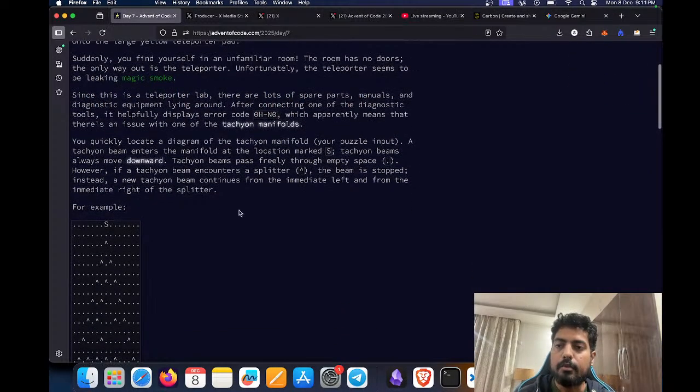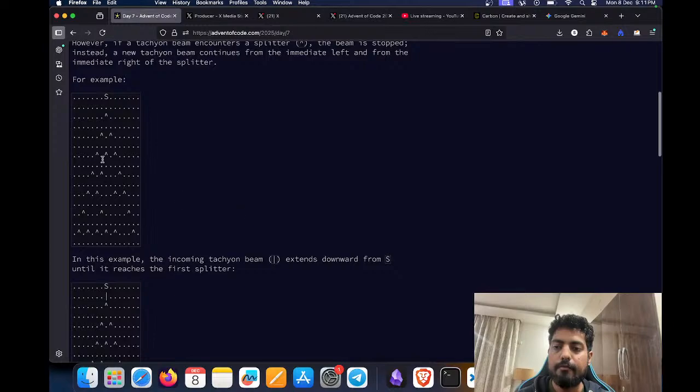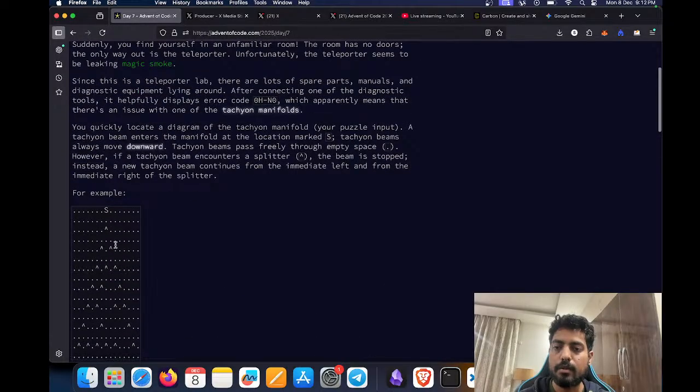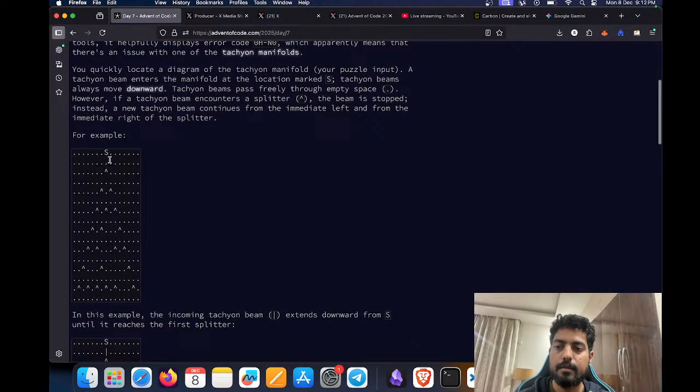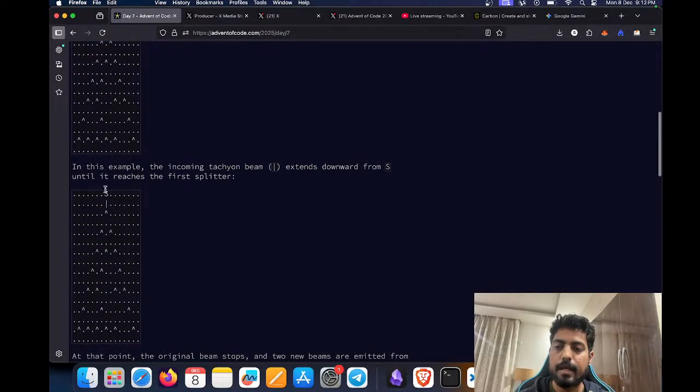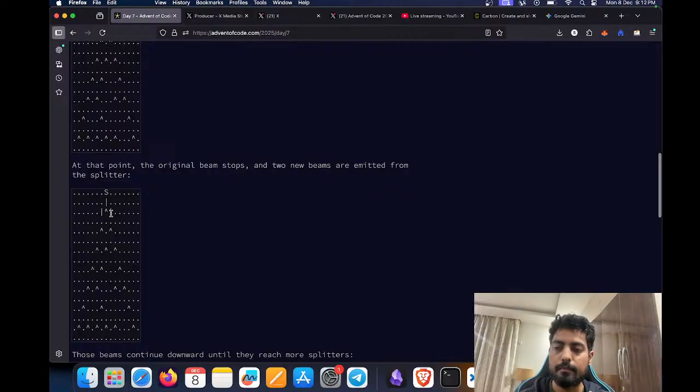Okay, now coming back to the problem. So what we have is actually a sort of a map, and we have the source, and then we have these emitters, or actually they are splitters. So a ray starts traveling from S downwards, and once it sees a splitter, the ray divides into two.